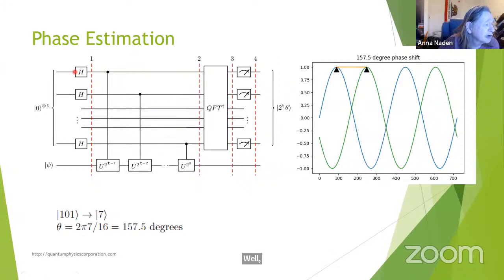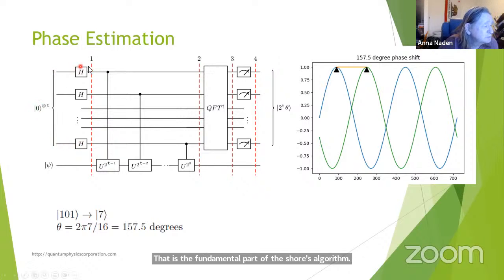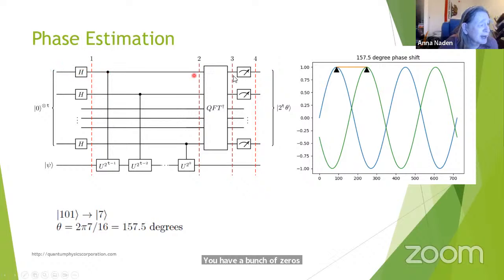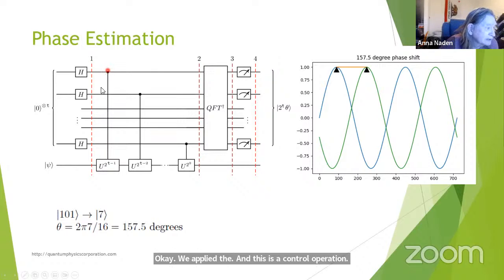This is the quantum circuit that is the fundamental part of Shor's algorithm. You have a bunch of zeros. Each horizontal line is 1 qubit. We apply the Hadamard gate, and this is a controlled operation. So if we had a 0 here, then this unitary operator would not act. The state would just pass through unchanged.